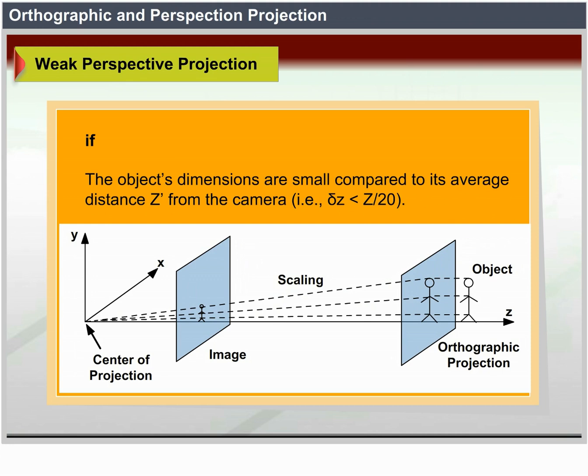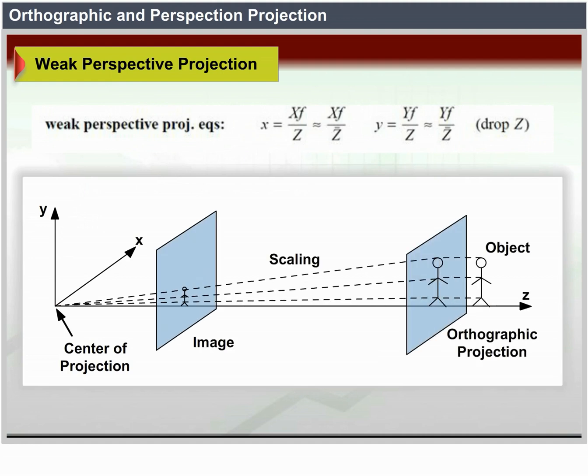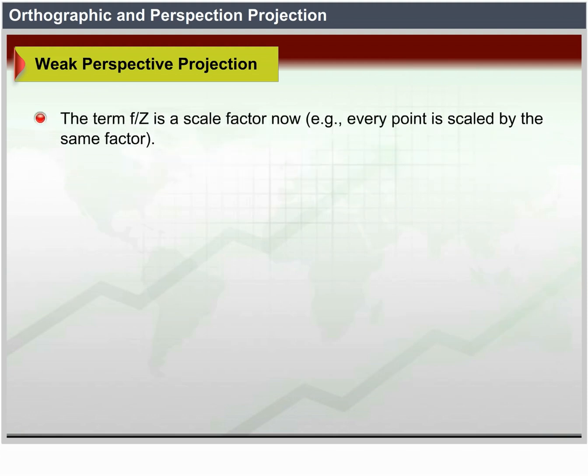Weak perspective projection equations. x equals Xf by Z, approximately equal to Xf by z bar. y equals Yf by Z, approximately equal to Yf by z bar. The term f by z bar is a scale factor now. Every point is scaled by the same factor.